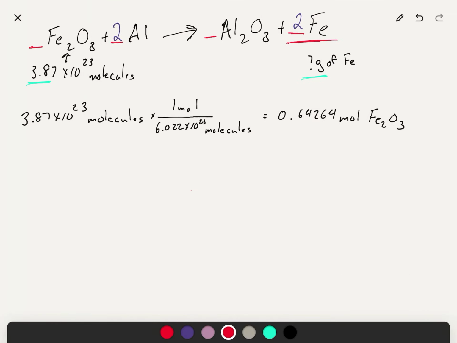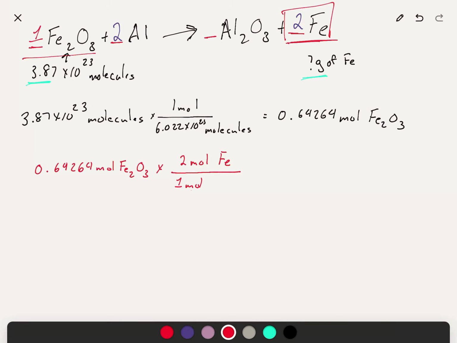So we're going to take our 0.64264 moles of Fe2O3 and multiply, we want to get here, so 2 moles of iron over 1 mole of Fe2O3.